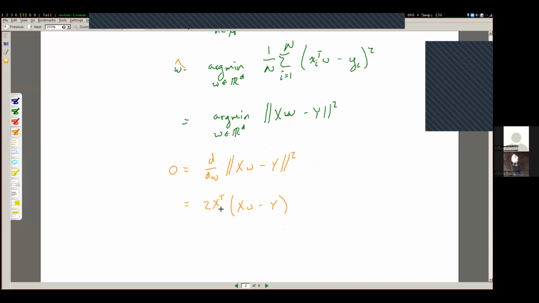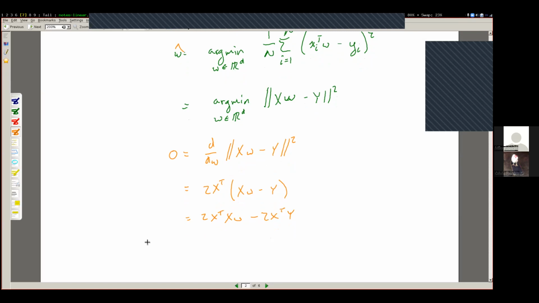And then our goal is to solve for the w right here. So we move this factor throughout all of this. That's equal to 2x transpose xw minus 2x transpose y. Move this thing over to the other side, 2x transpose y. There we go. Equals 2x transpose xw.